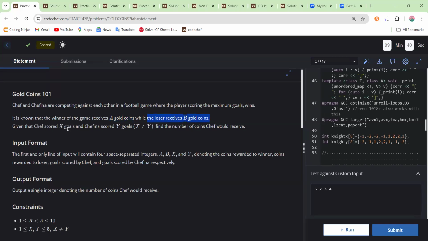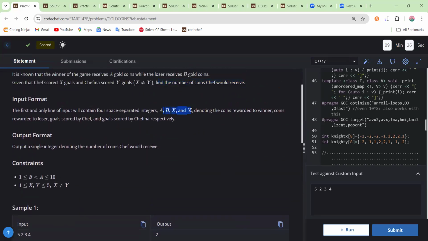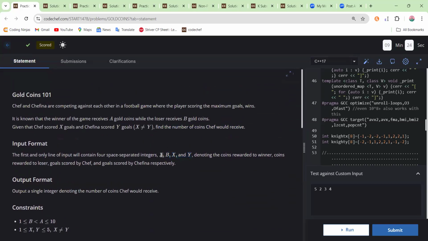Given that Chef scored X goals and Chefina scored Y goals, and X is not equal to Y, you need to find out the number of coins Chef would receive. You are given inputs A, B, X and Y, and you need to tell how many gold coins Chef would receive.